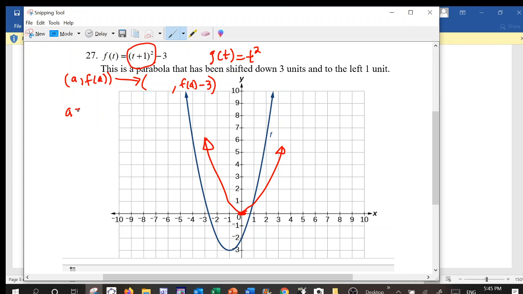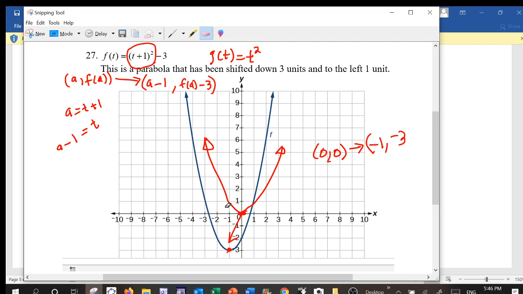We're going to let a be t plus 1 and solve for t. What do we get? We get a minus 1. So 0, 0 will go to 0 minus 1 is negative 1, and 0 minus 3 is negative 3. And exactly that's where it has gone. See, negative 1, negative 3, right there.